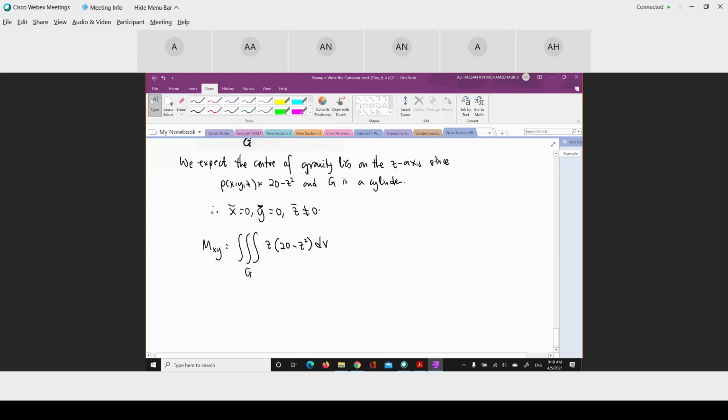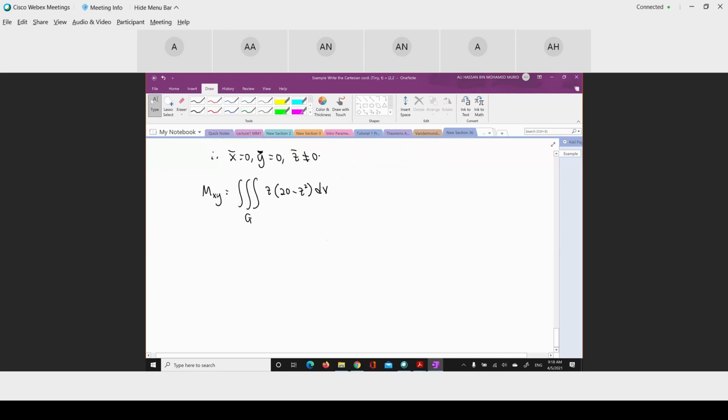So now we evaluate this using a triple integral in terms of cylindrical coordinates. So we have z times 20 minus z squared, r dz dr d theta.